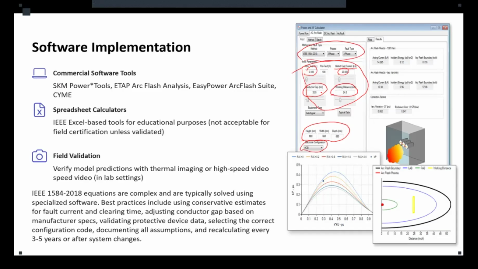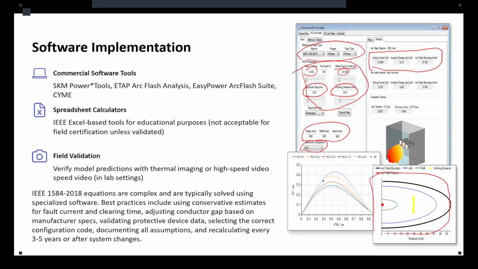Based on this configuration, it automatically calculates the arcing current, the IE, the incident energy, and the AFB, the arc flash boundary. You see how efficient that is when we talk about this software system.